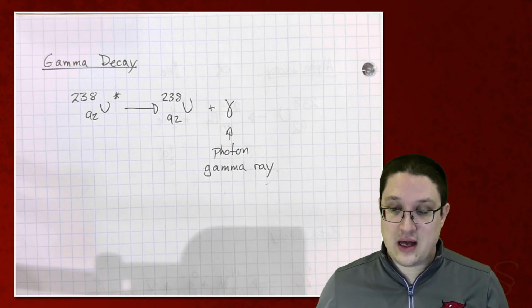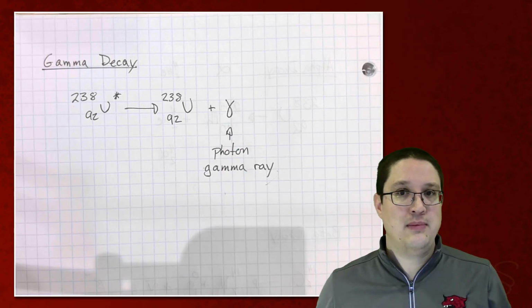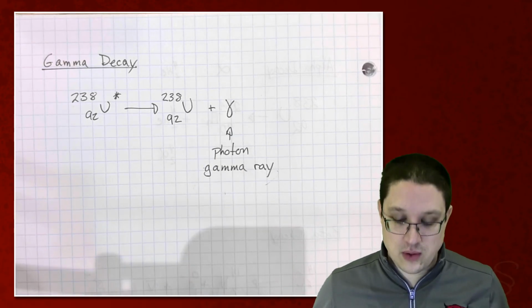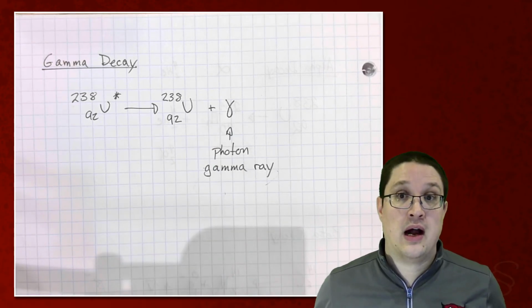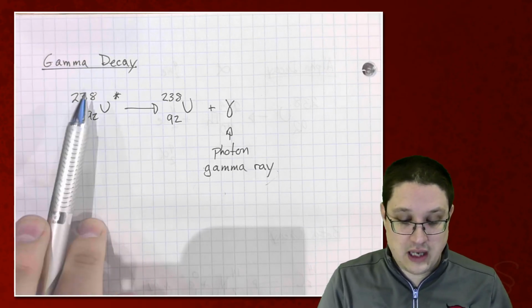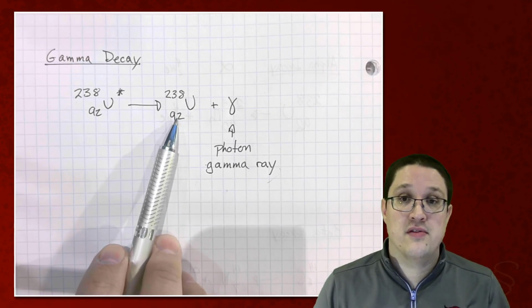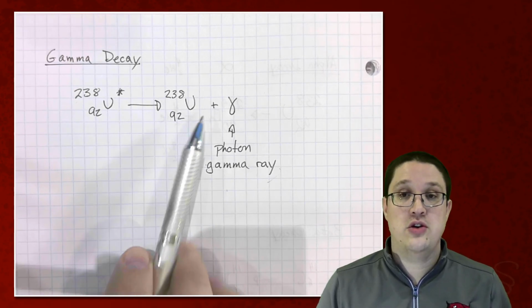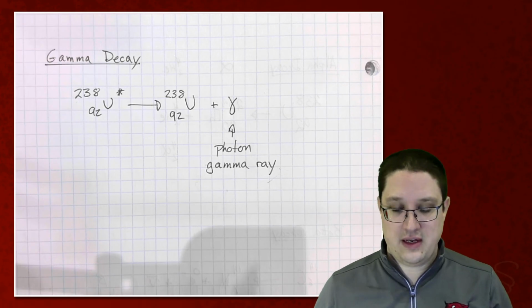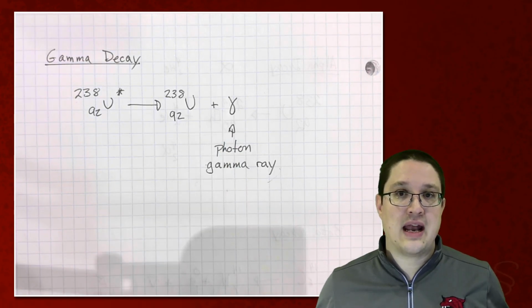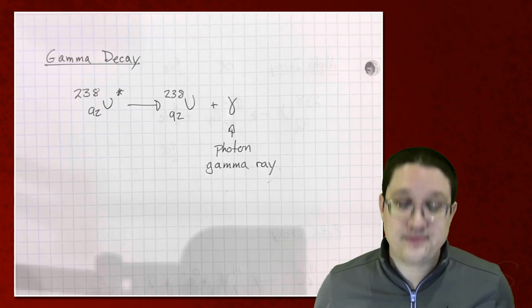This is a little bit of light energy that is released at a very high frequency that can interact with other particles. So in gamma decay, there's no nuclear change in terms of the number of neutrons or protons, but we do have it calming down effectively, or becoming unexcited, and releasing that extra energy as a gamma ray.